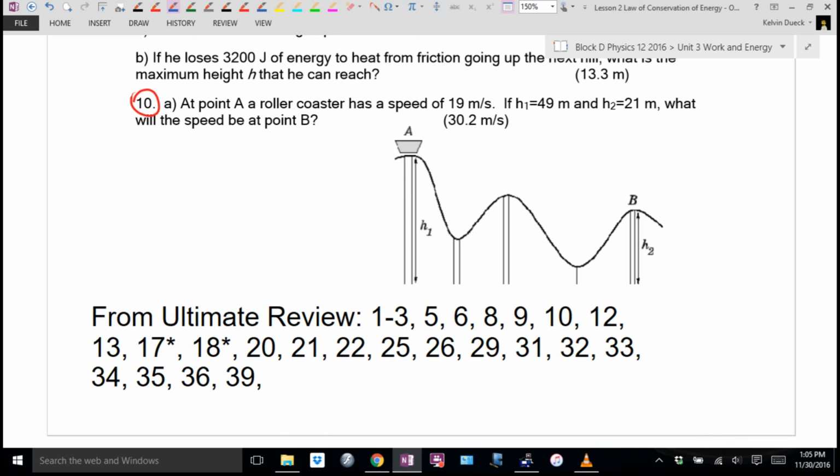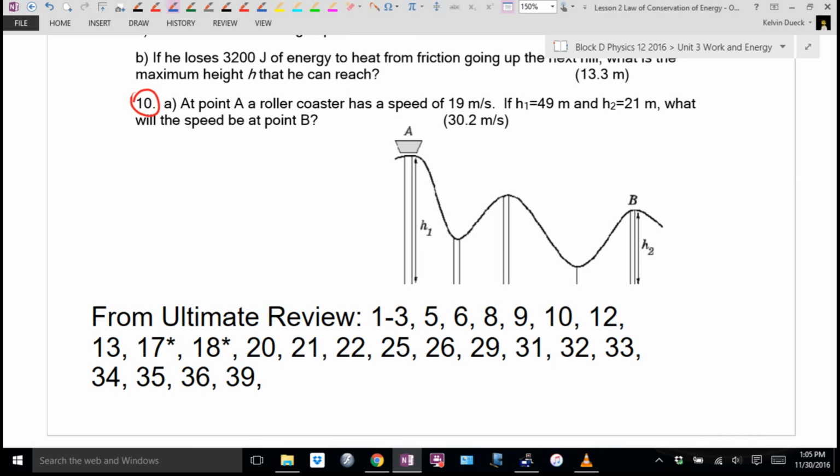Those ones are tricky. 20, 21, 22, 25, 26, 29, 31, 32, 33, 34, 35, 36, and 39. That's if you finish the homework today, because the test isn't that far away.